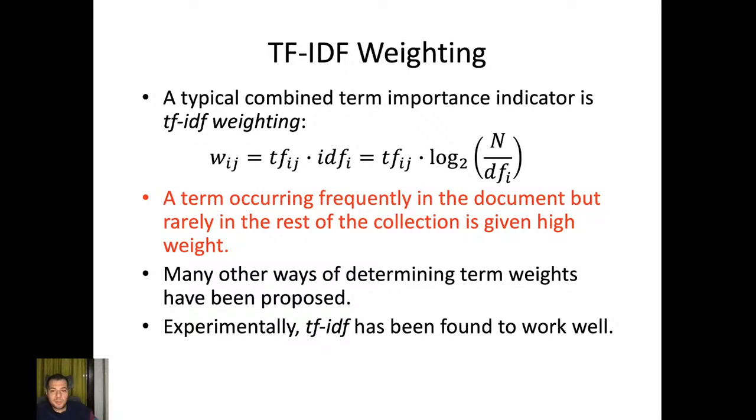So the main concept is that if we have a term that occurs frequently in the document, but rarely in the collection, it should have a very high weight to represent the documents. Okay, so this is perhaps the most common approach in literature.